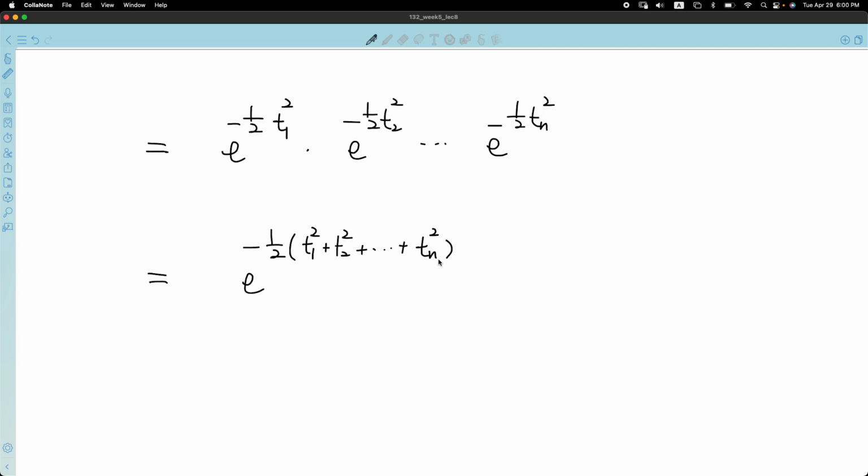Any question up to this point? So the product of exponential is the exponential of sum, so I'm just summing all the powers here. And then I bring the negative 1/2 out, and you will have the summation from 1 to n of t squared.